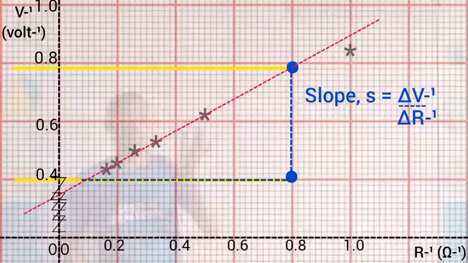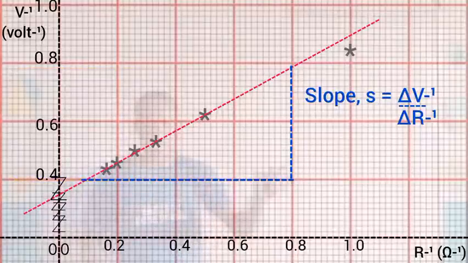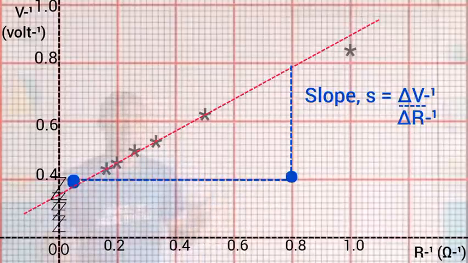So if you trace the vertical height of that slope, the initial point is going to give you 0.4, and the final point where the vertical line of the slope touched the line of best fit is going to give us 0.78. Then for the horizontal line of the slope, the starting point is where it touched the line of best fit, and the end point is where it touched the perpendicular, that is where it touched the vertical line of the slope.